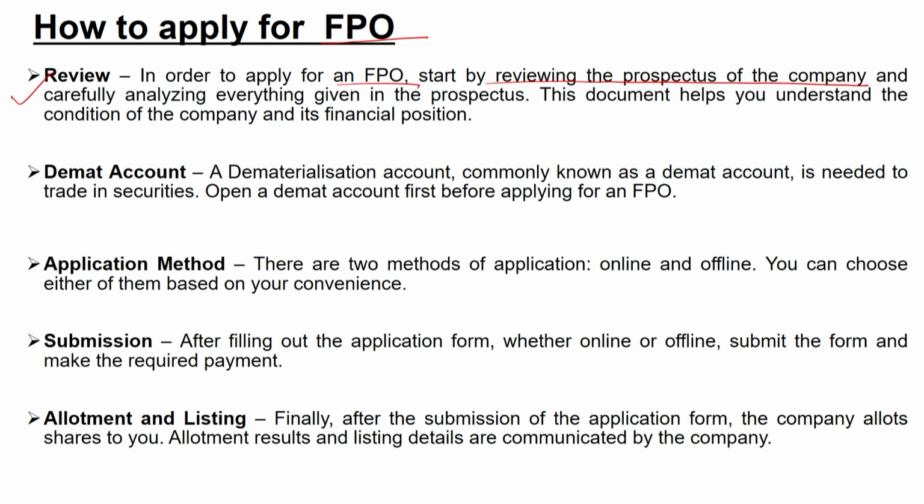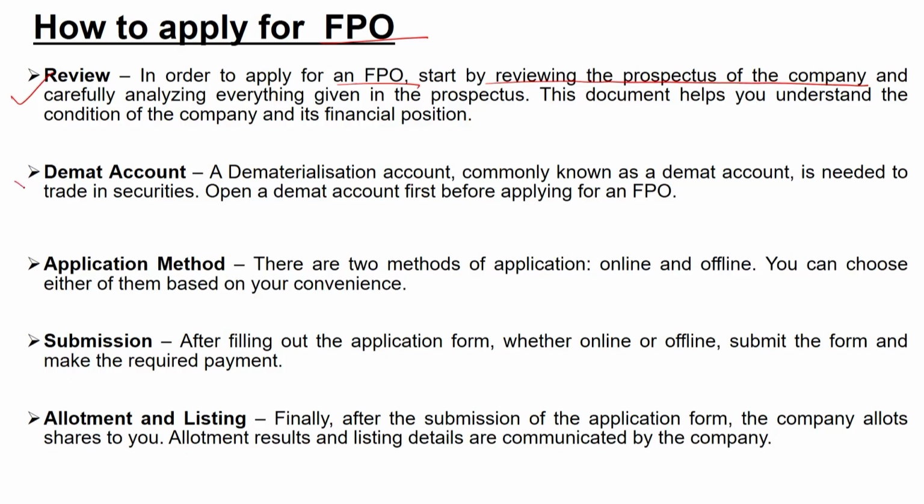This procedure will help you to understand the financial position of the company, what their future financial plans are, and accordingly you can understand for what purpose your money will be used and whether it is going to give you good rewards in the future or not.